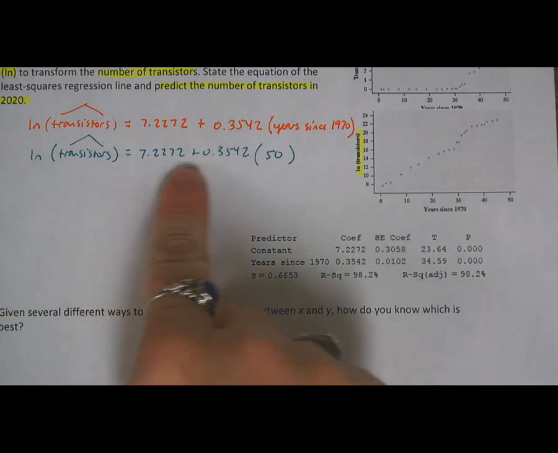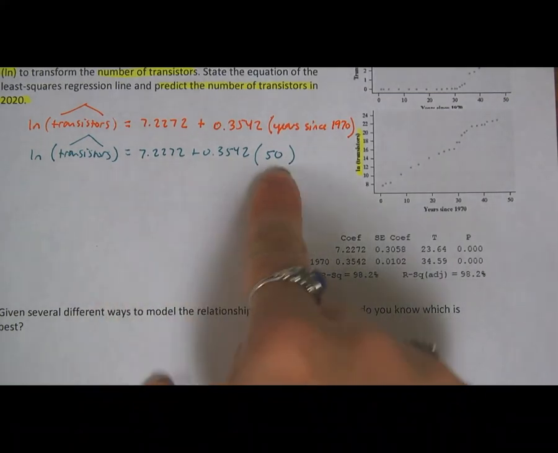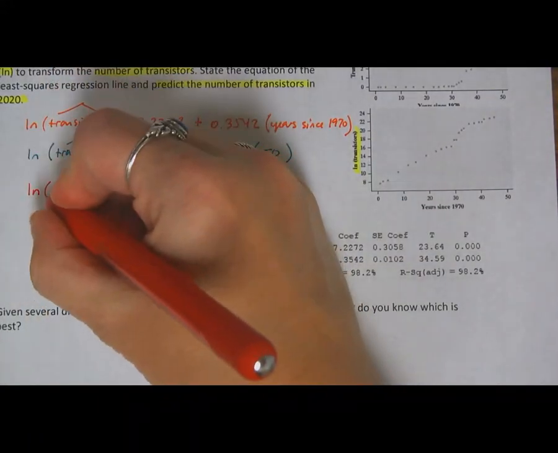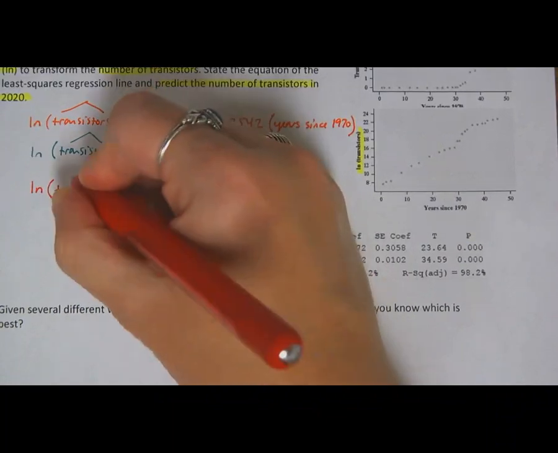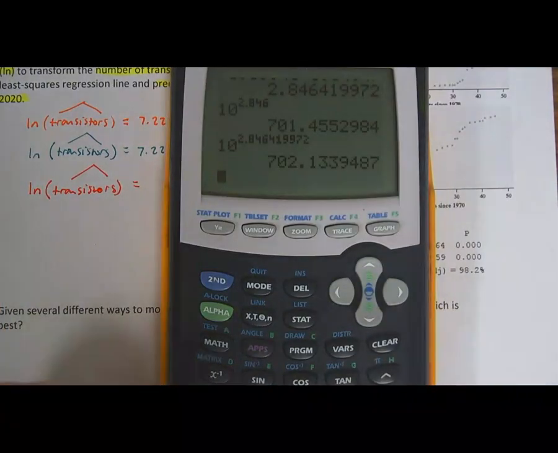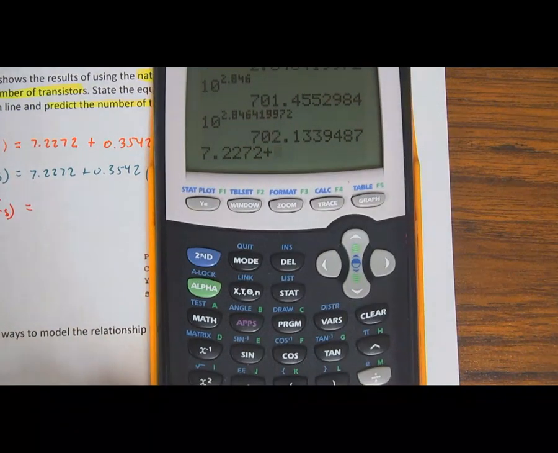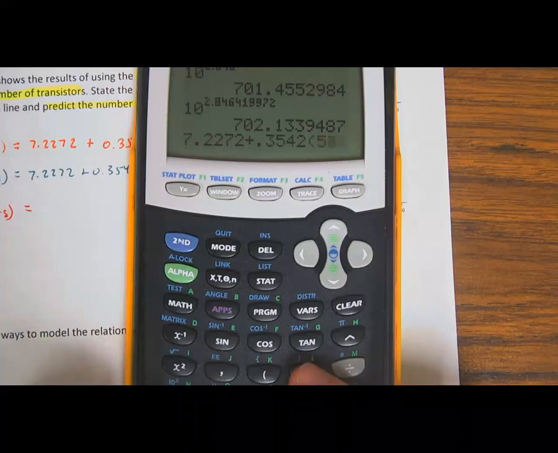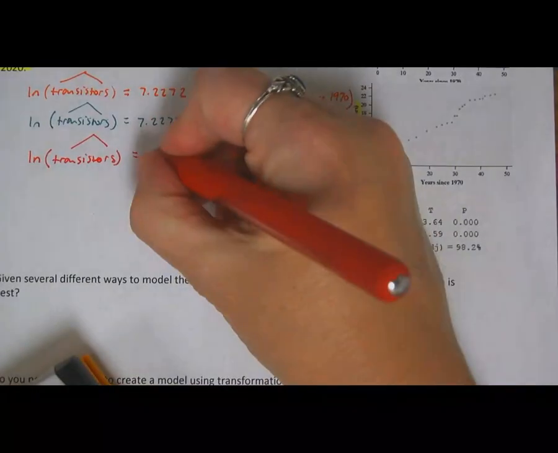You don't have any variables over here, so pick up your calculator and figure out the right-hand side. 7.2272 plus 0.3542 times 50 years since 1970 is 24.9372.